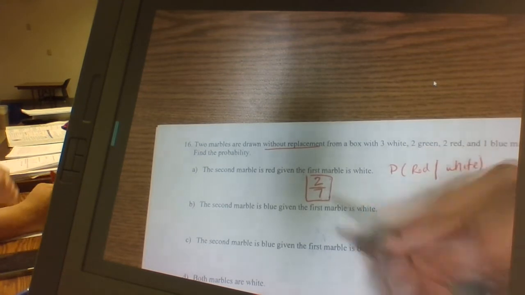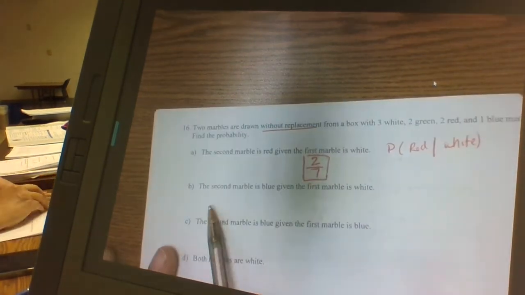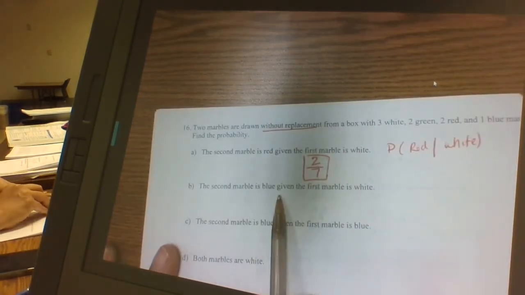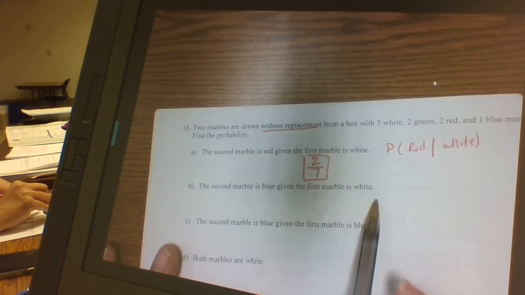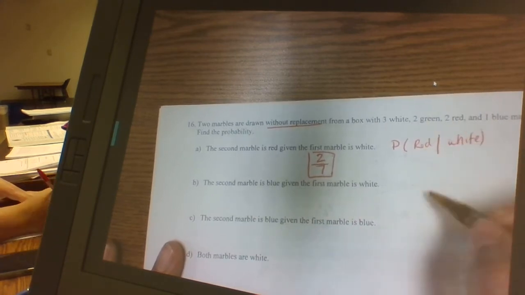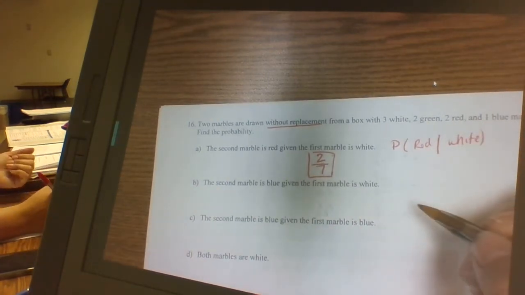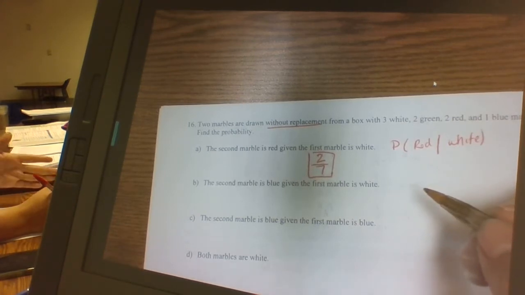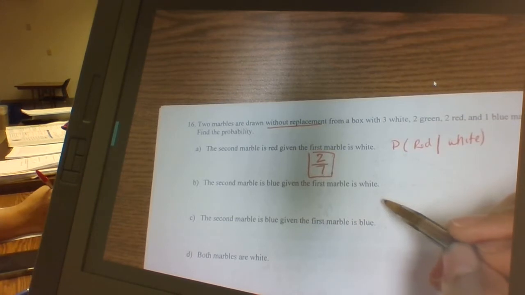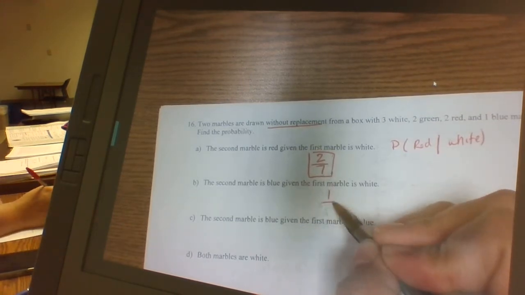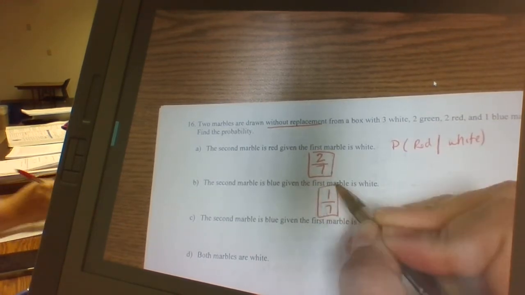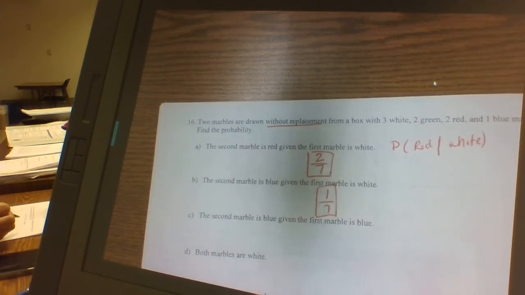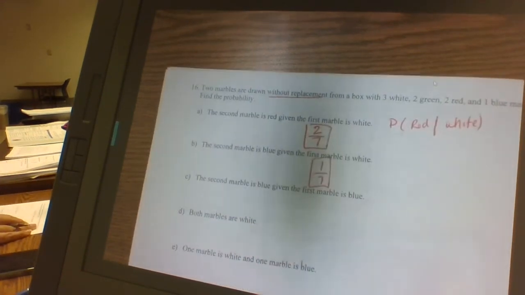So all this helps you is kind of reduce. Second marble is blue, given that the first one is white. So once again, we take out 1 white, there's only 7 left over, and there is how many blues? 1. So it is 1 over 7. Now, let's see if you could do C. 0.